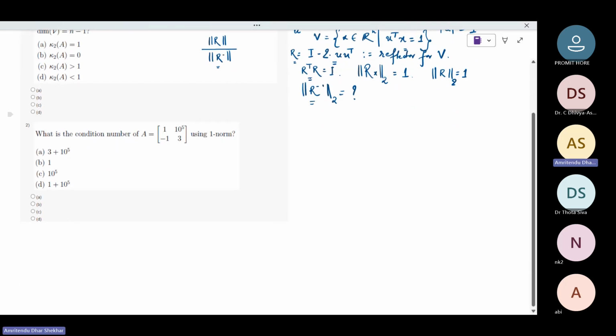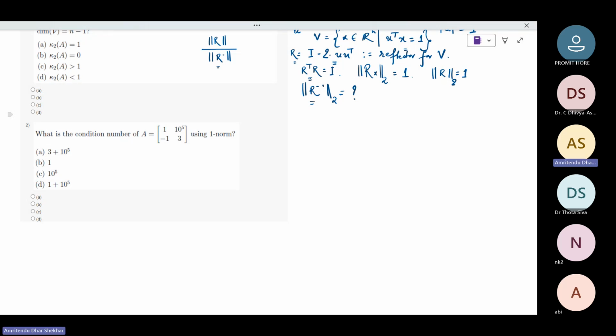Now, coming on to the second problem. In the second problem, you are asked to find the condition number with respect to the one norm.